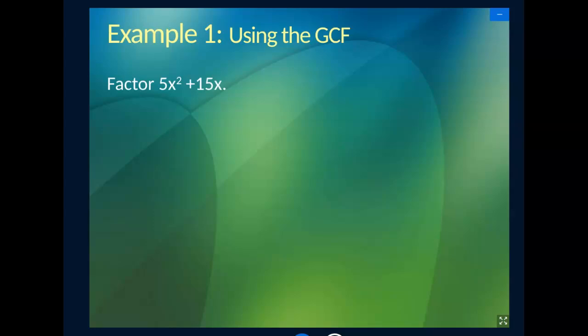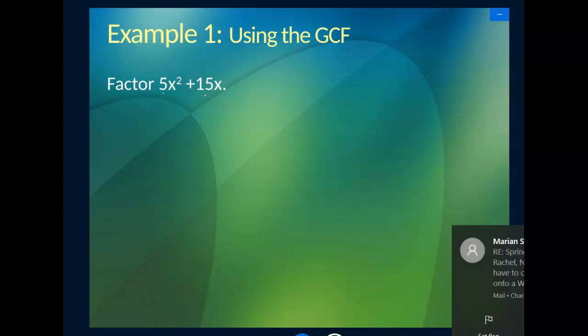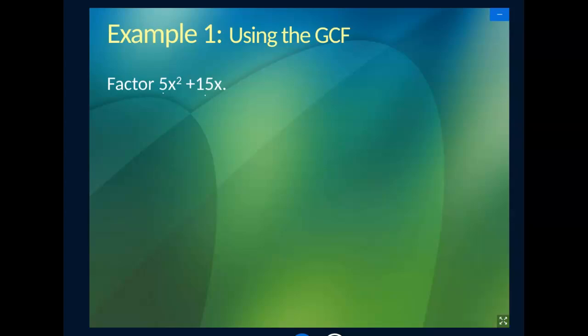Like I said, we're going to expand upon that, and now it includes variables. So the GCF is going to be removing both the common factor. So it's 5. And then you need to remove an x from each.